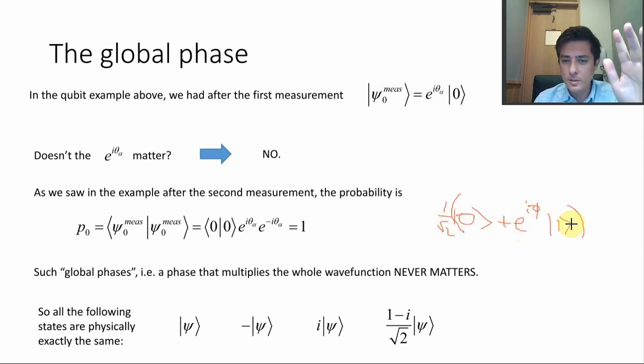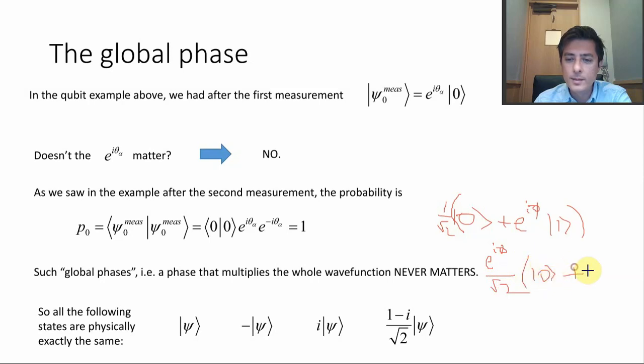So this matters. But if you have a different state, say e to the i phi over square root of 2, and then 0 plus 1, this is a case where it doesn't matter, because it's multiplying through the whole wave function, and each of the terms has this phase.